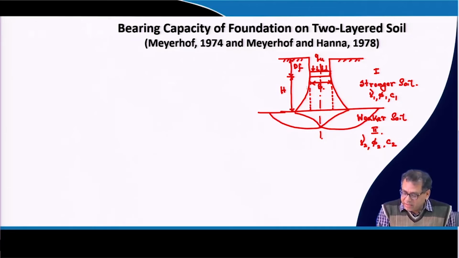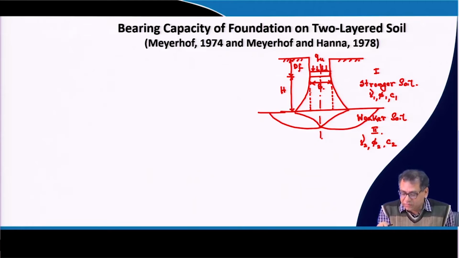Now when this foundation moves along this dotted line, the soil will also move along the dotted lines. So, this portion of the soil within the dotted lines will deform or move along.